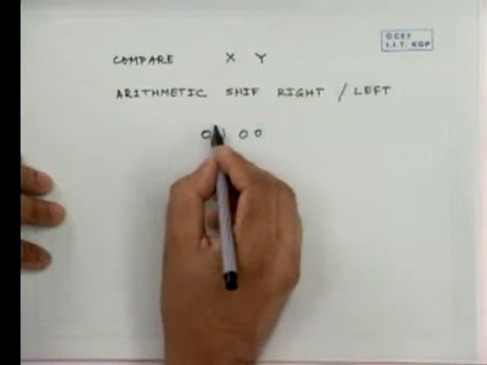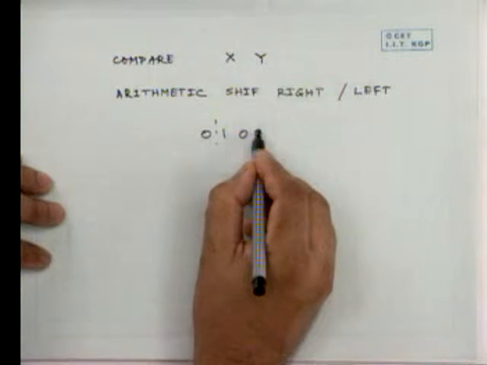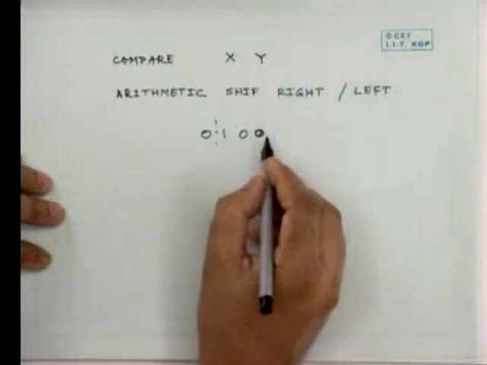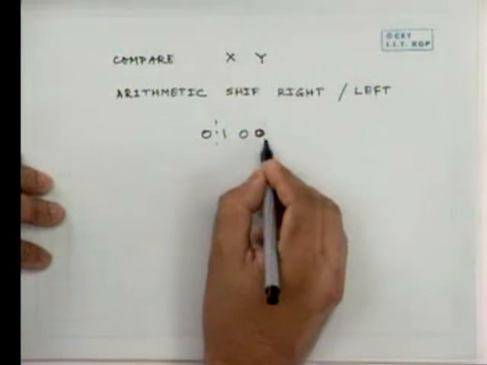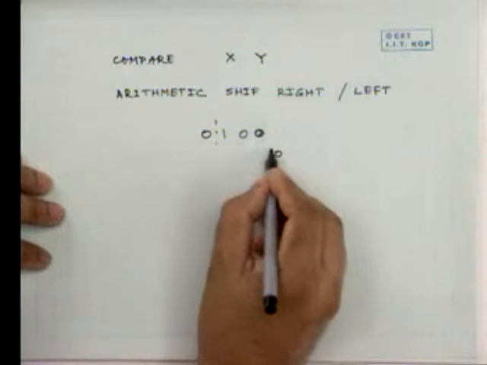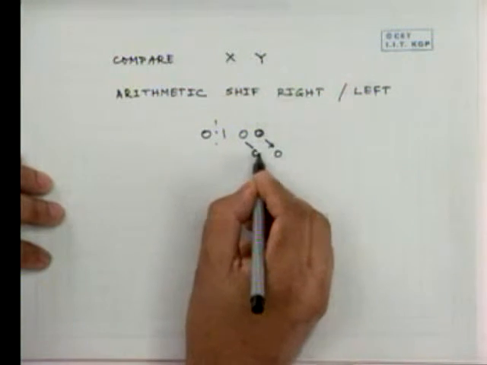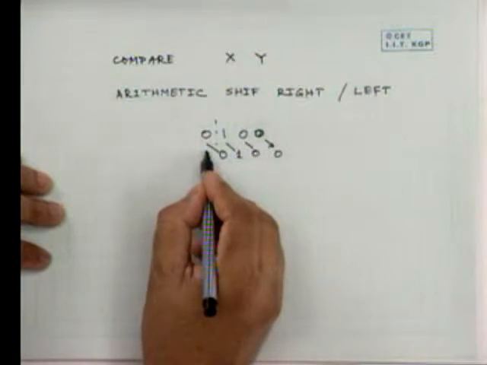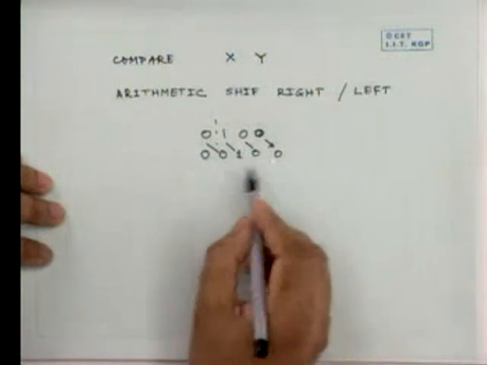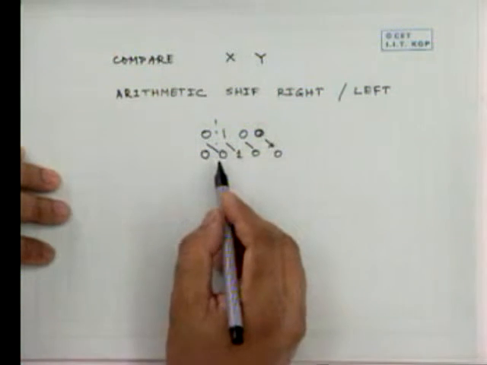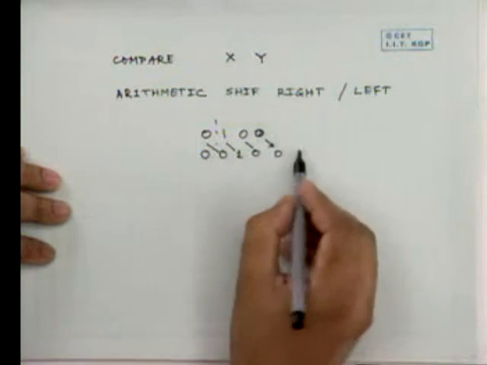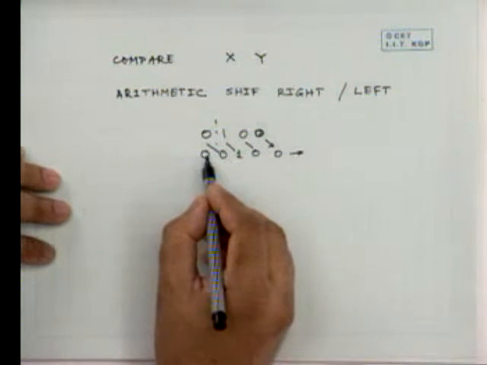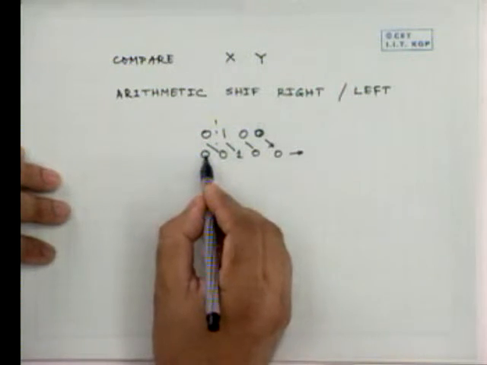The arithmetic shift right, say this is a sign bit, and I'm talking about, say, in terms of 2's complement, right? That arithmetic shift right will be essentially that I shift one position to the right, therefore it will be 0, this will be 0, this will be 1, this will be 0, and the sign bit will be repeated here. Okay, that is our arithmetic shift right, which essentially means that whatever shifting is done, the sign bit is repeated at the sign bit position.